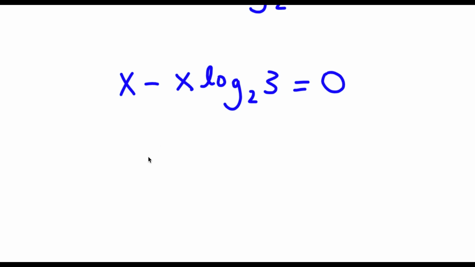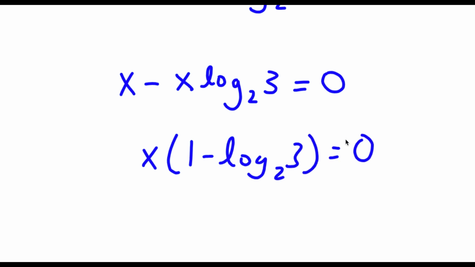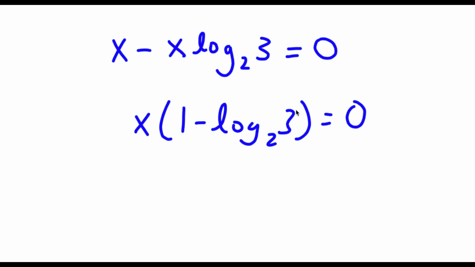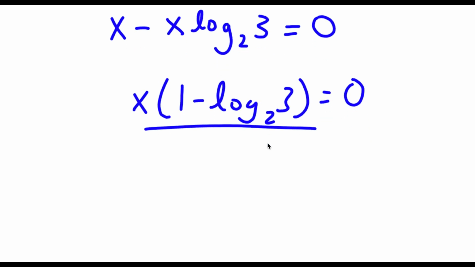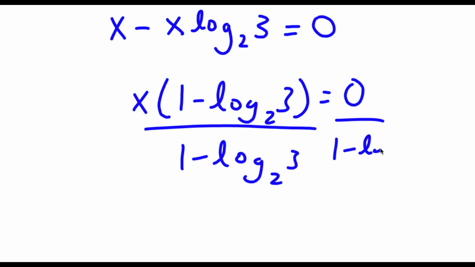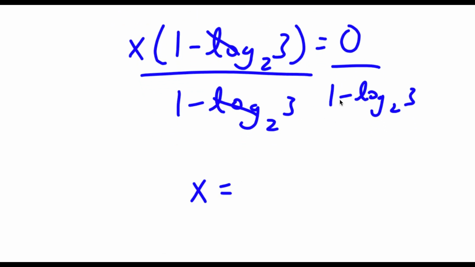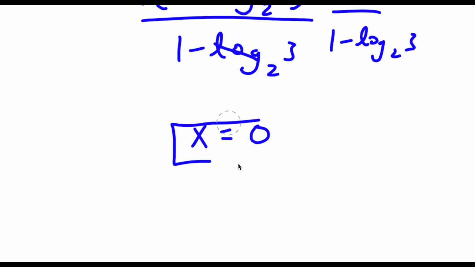So now if I factor out x from this, I get x times 1 minus log base 2 of 3 is equal to 0. So now I'm going to go ahead and divide by 1 minus log base 2 of 3 on both sides. And these two cancel out, and I'm left with x is equal to 0 divided by anything, which is 0. So x is equal to 0.